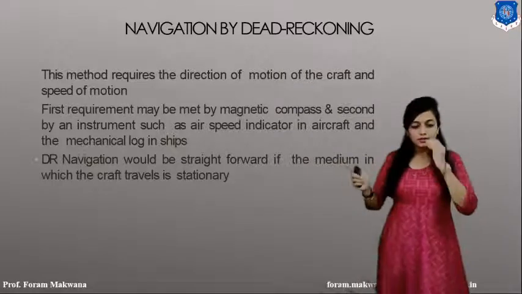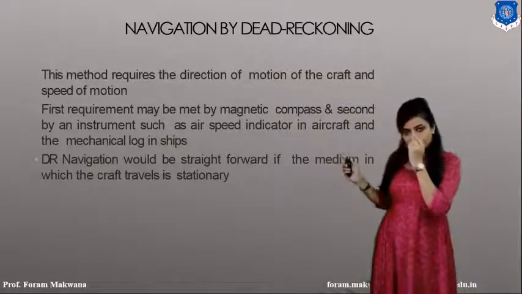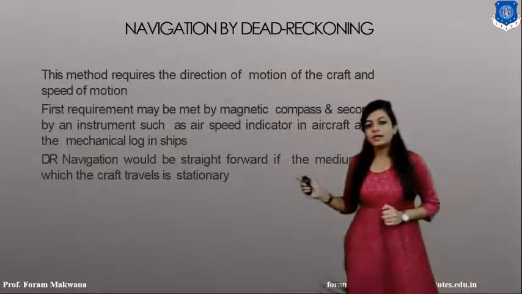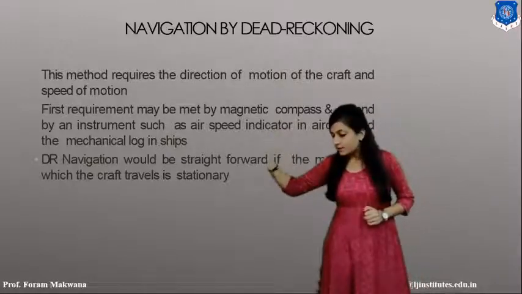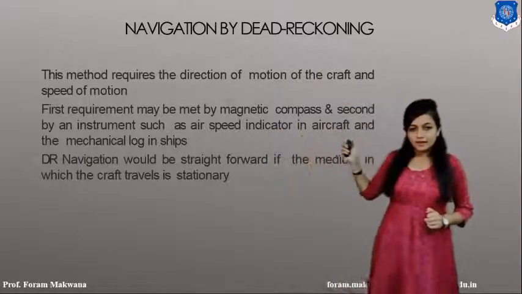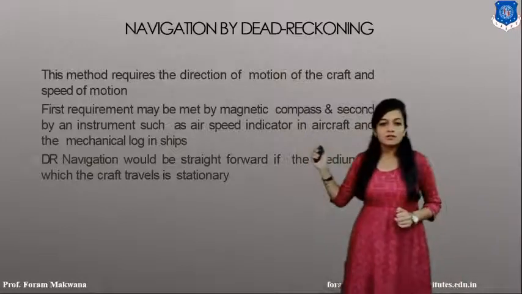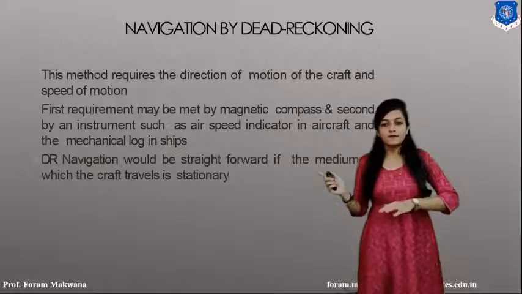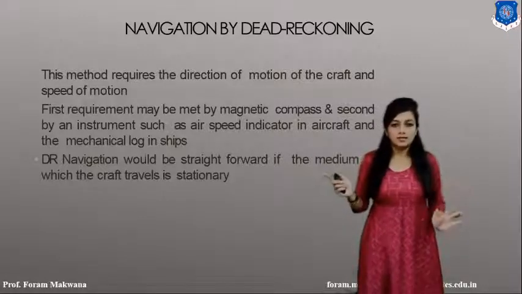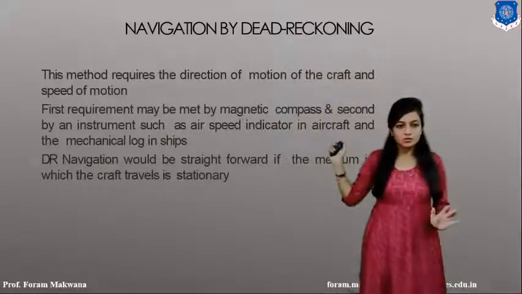It is situated in the aircraft itself, and there is mechanical logging in ships. So the airspeed indicator is in the aircraft and the mechanical log in ships, so this can be used in both aircraft as well as submarines. This navigation is most commonly used, right?